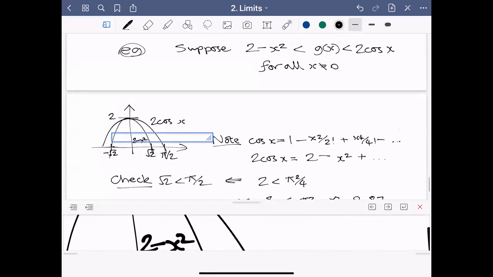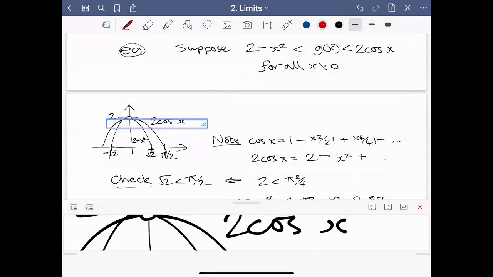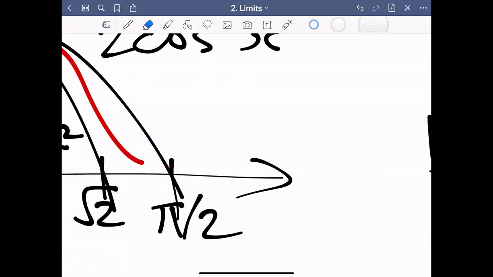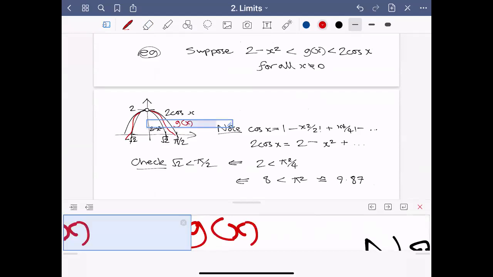Okay, and now g(x), we assume, except for this point, which we assume nothing about, goes between the 2 graphs. So that now is my g(x).